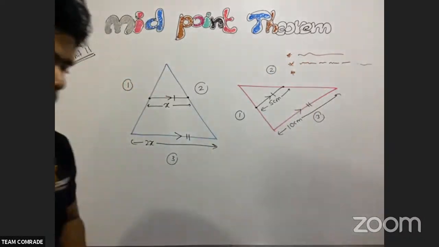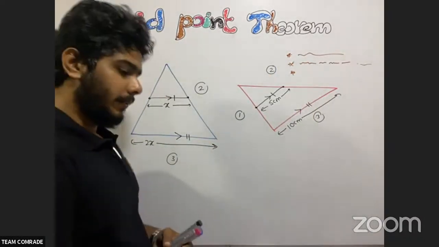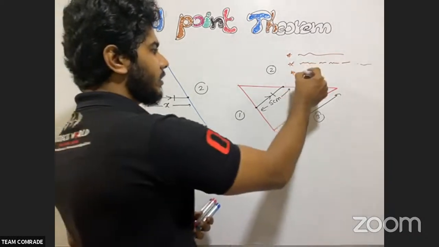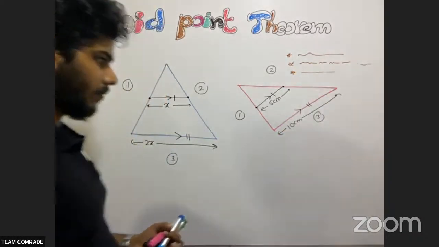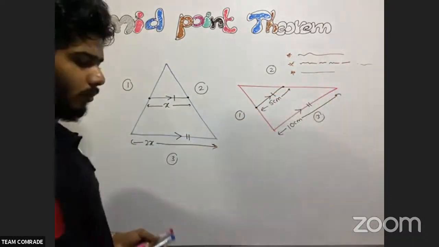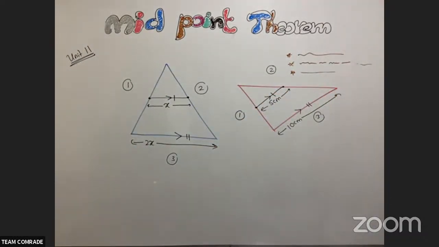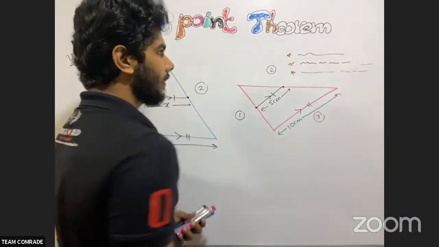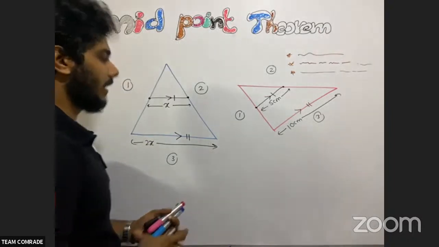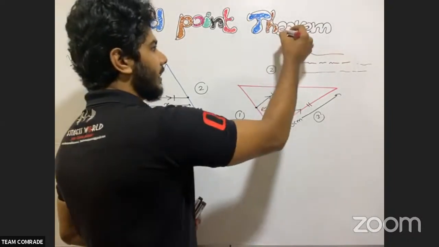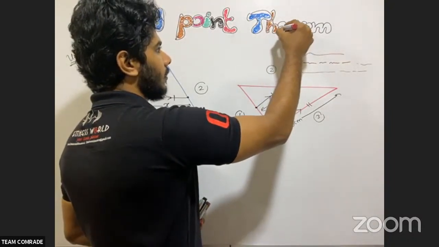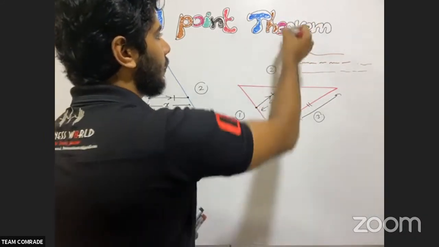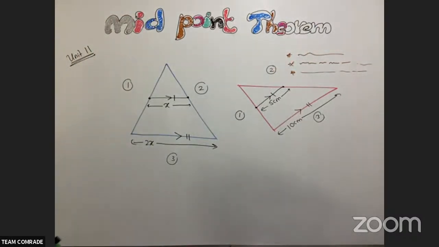So the line is parallel to the third side. Is parallel to the third side.